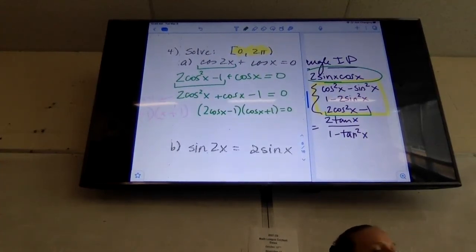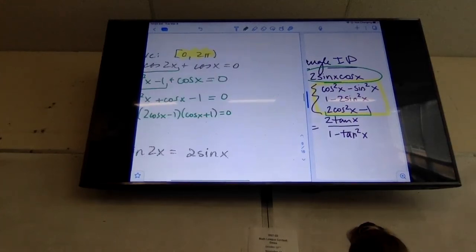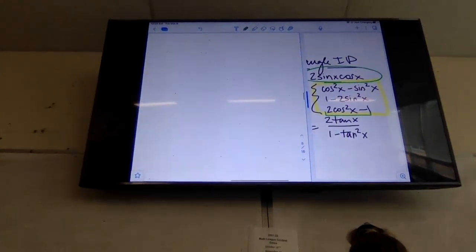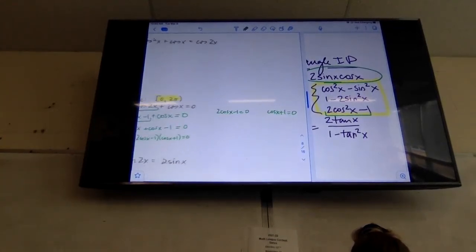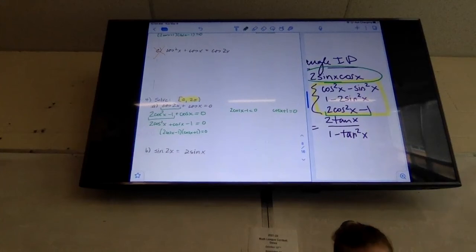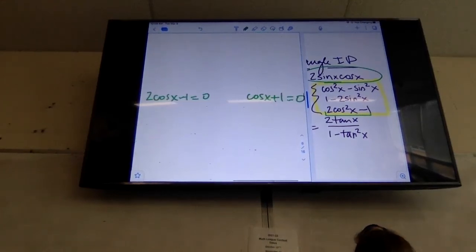And then just like we did last step, set your factors equal to 0 and solve. Let's solve these out.